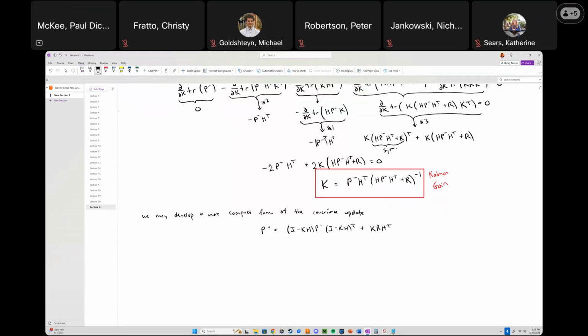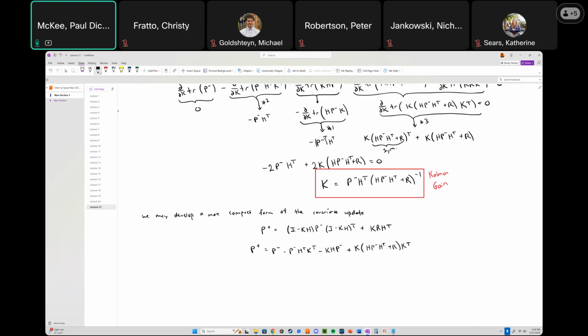Okay, and if we actually go through and multiply this out, we get that P plus is going to be P minus minus P minus H transpose K transpose minus K H P minus plus K, and then in parentheses, H P minus H transpose plus R, and then this is going to be K transpose.